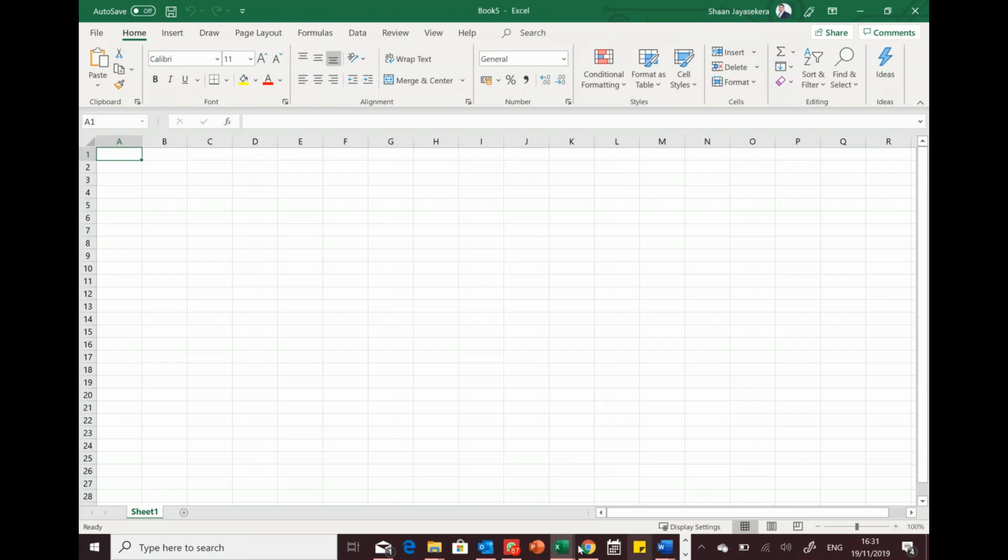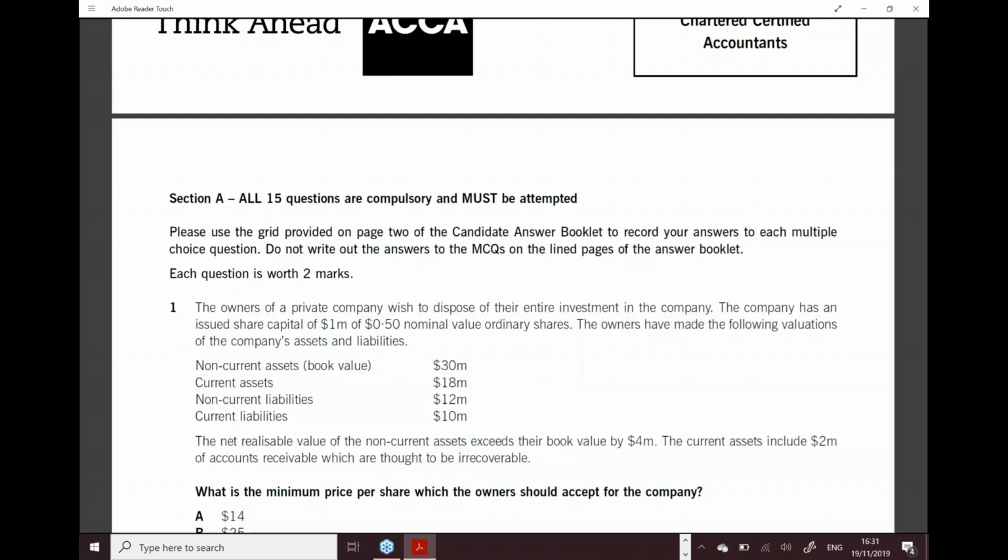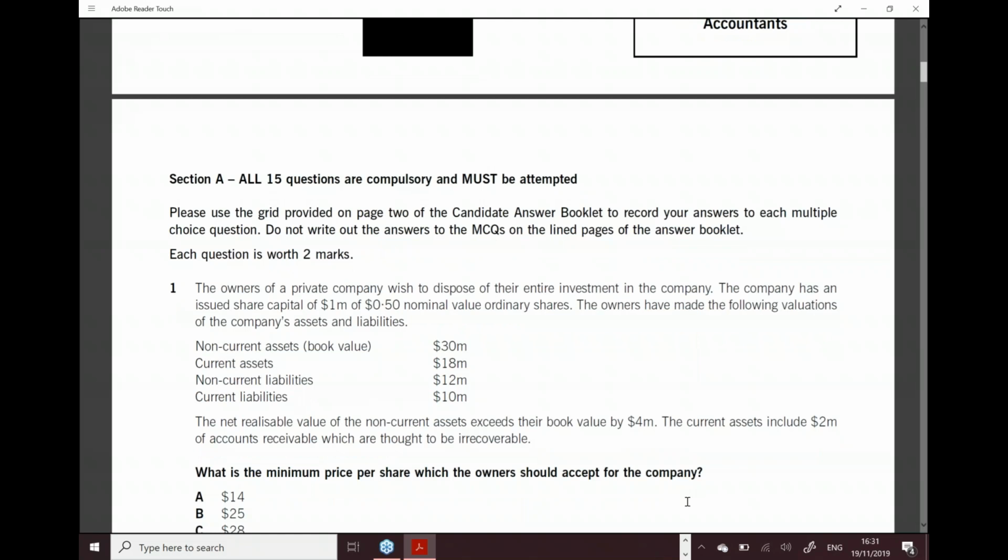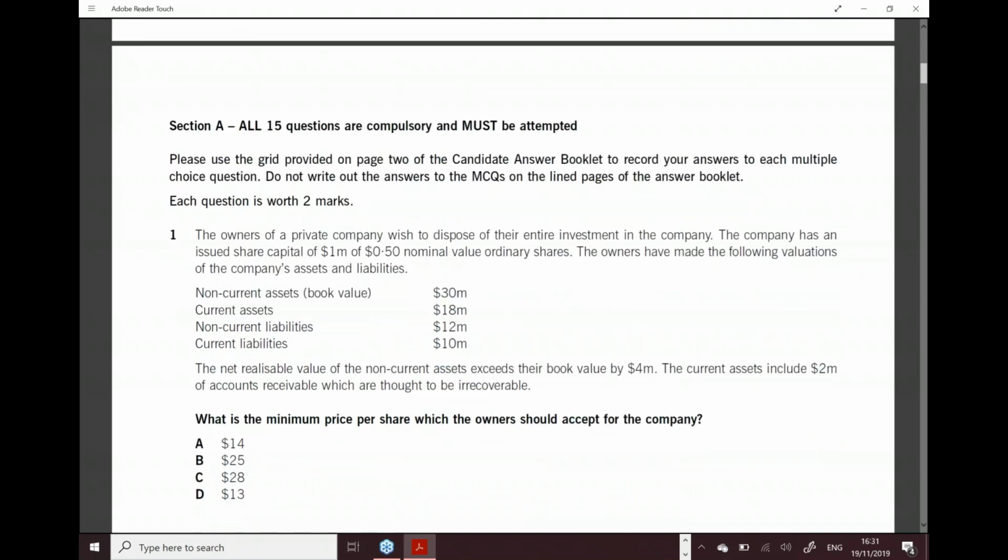So the first is basically: the owners of a private company wish to dispose of their entire investment in the company. We are supposed to look at the net realizable value, what is the minimum price per share which the owner should accept for this company.